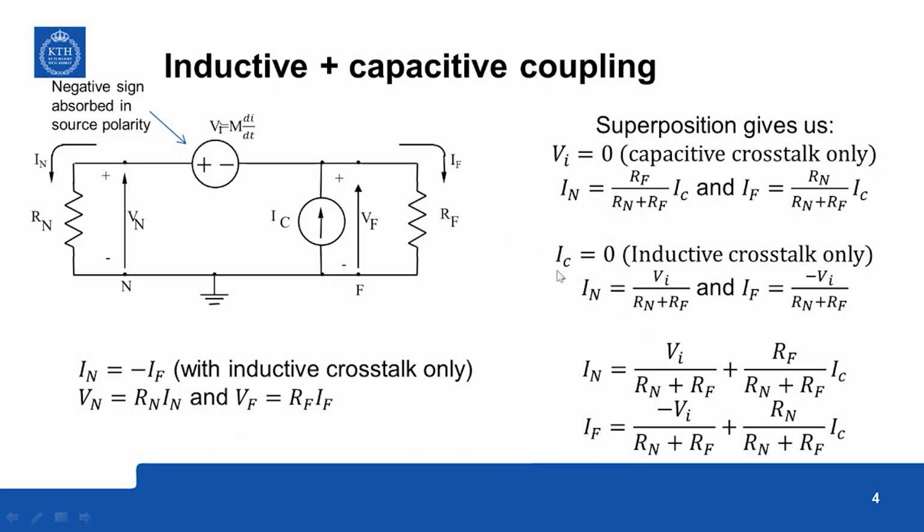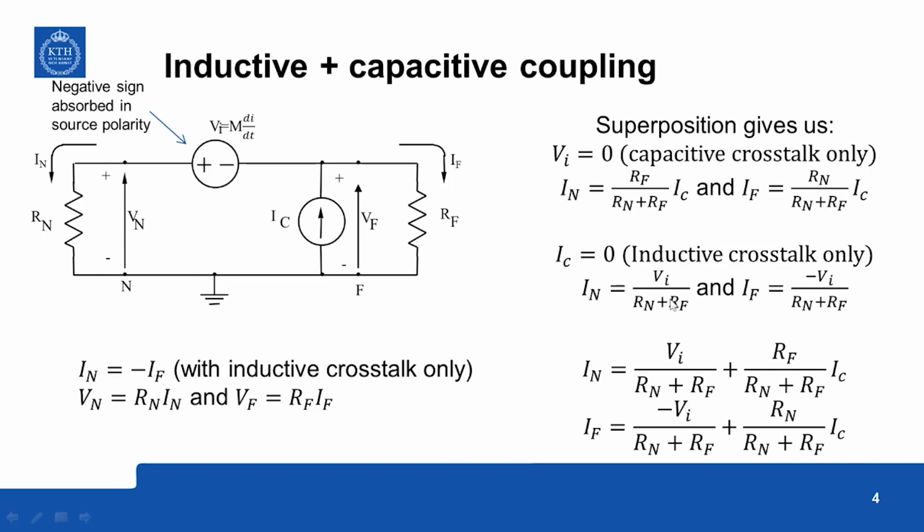Now if IC equal to 0, that is inductive crosstalk only, and only the series voltage source is there, then this voltage is dropped across this plus this. So the total current In equals minus If in that case, and Vn will be Rn In and Vf equal to Rf If.